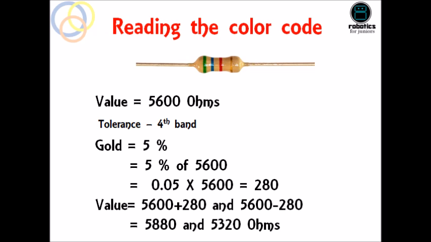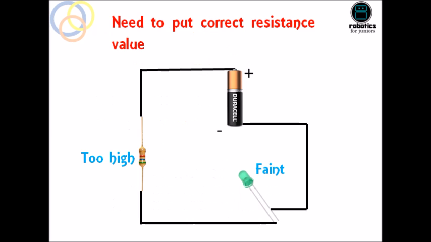That is 5880 and 5320. So tolerance value means that this resistor will provide a resistance value between 5880 and 5320 ohms.